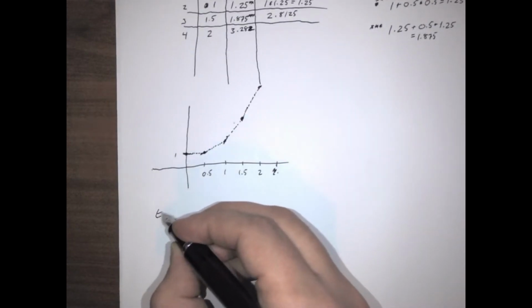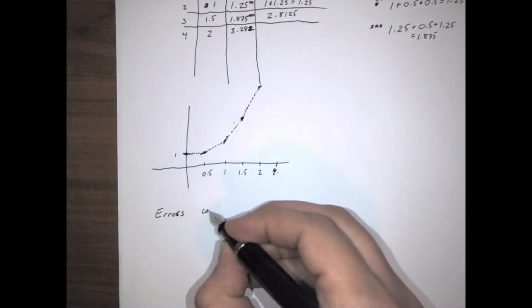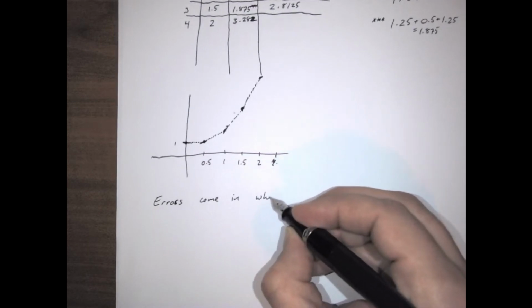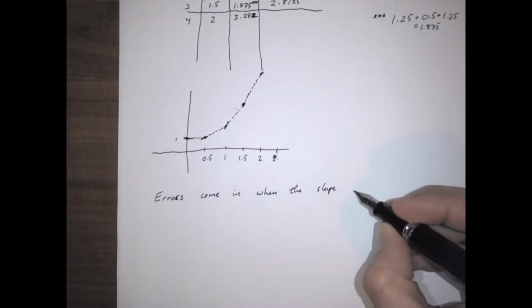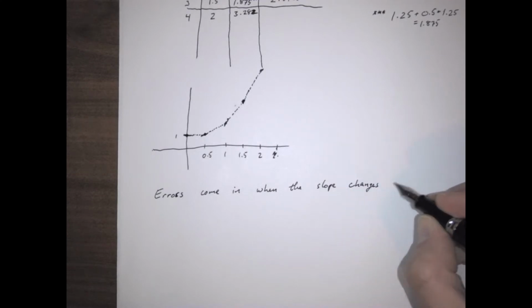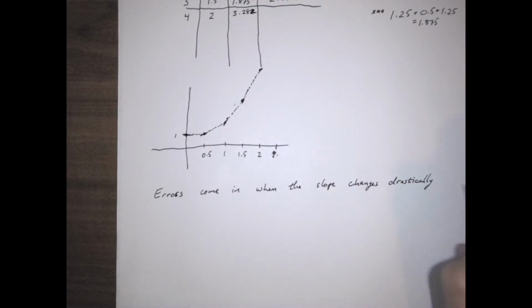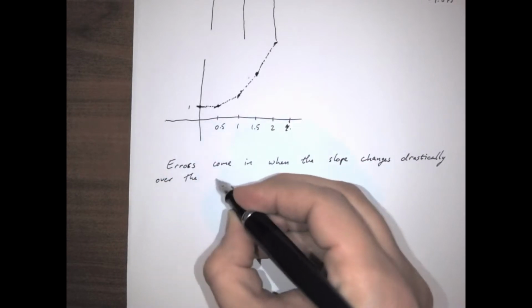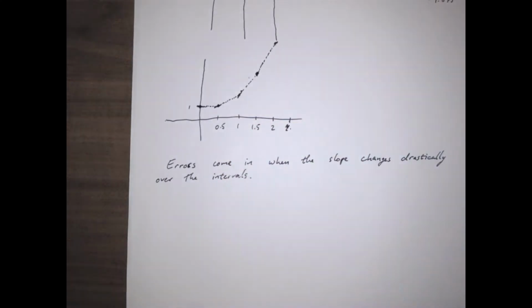So errors come in when the slope changes drastically. It doesn't even have to be that drastic, really. Over the intervals.